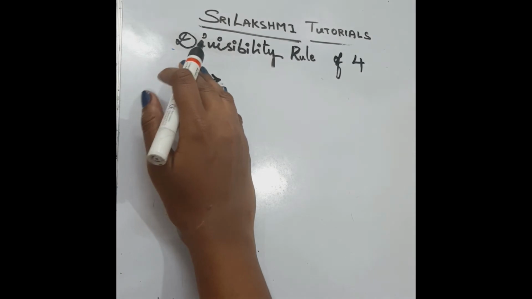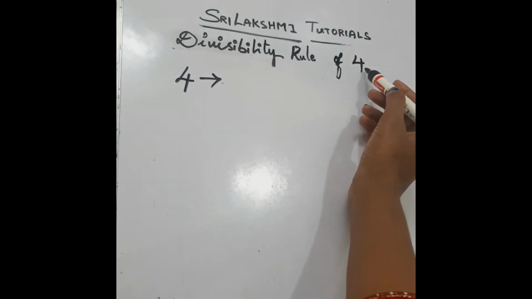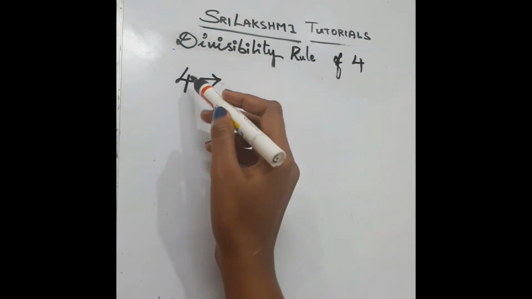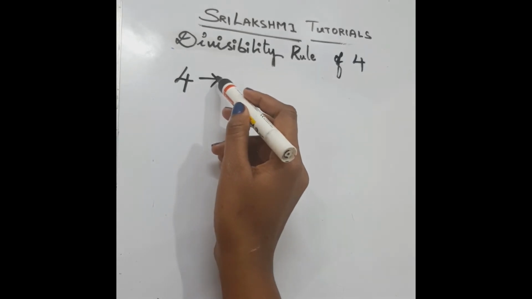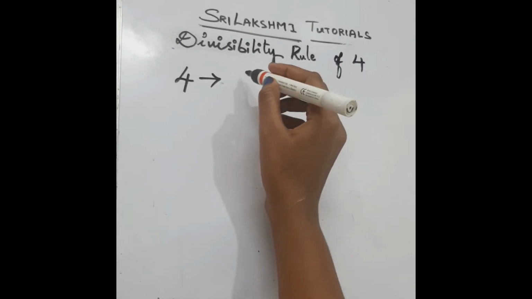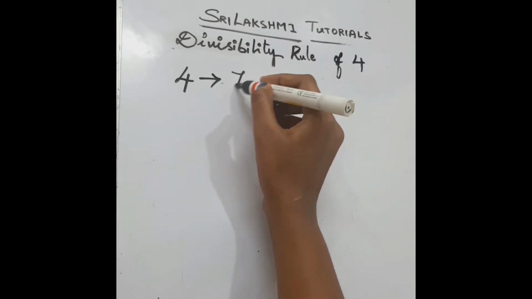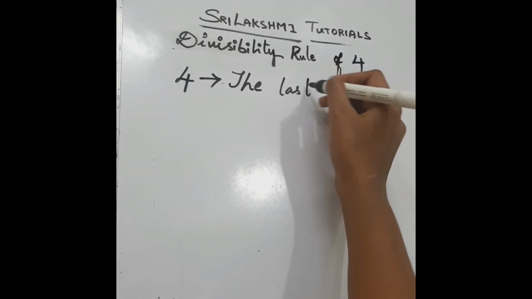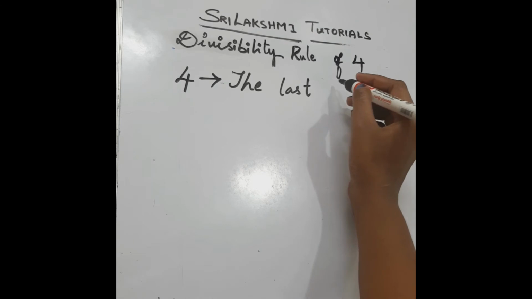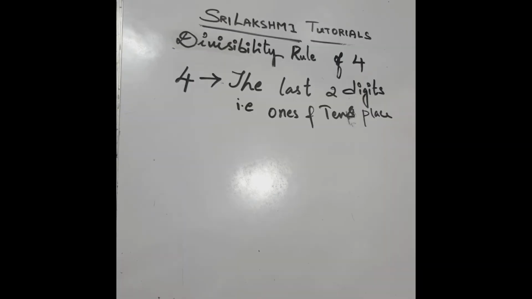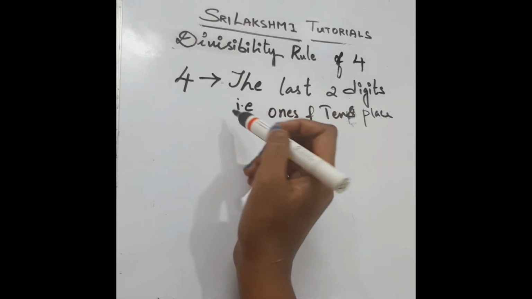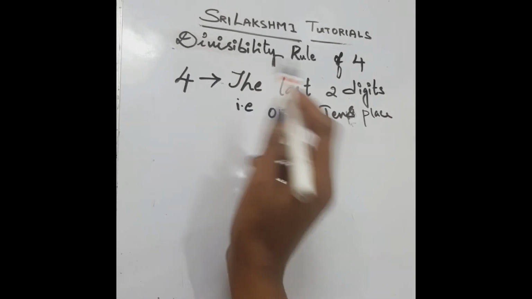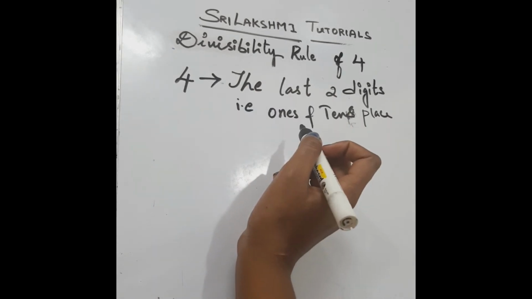Now we will see the divisibility rule of 4. What is the divisibility rule for 4? If the last two digits, that is the ones and tens places, are divisible by 4, then the given number will also be divisible by 4.